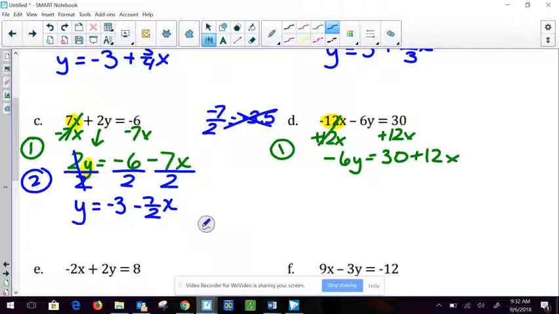So now step 2 says we need to divide by y's coefficient. So go ahead and take a moment, here's my y, and divide everything by y's coefficient. You do it on your paper while I do it on mine.